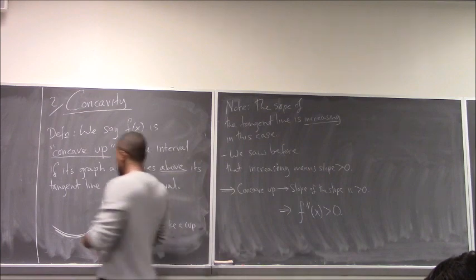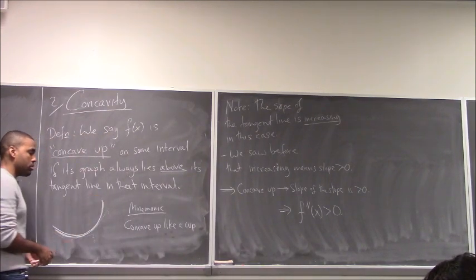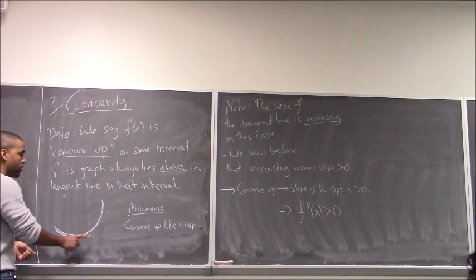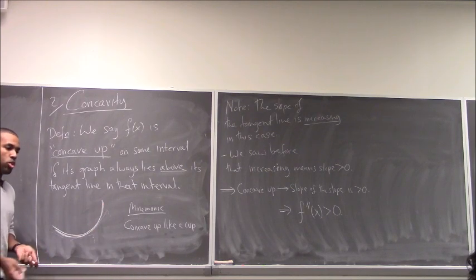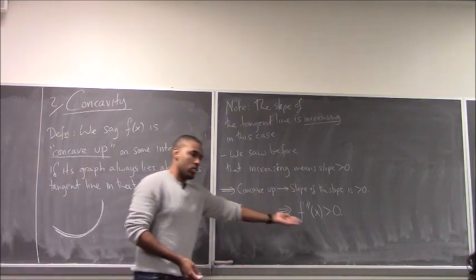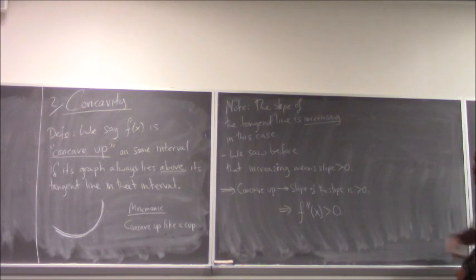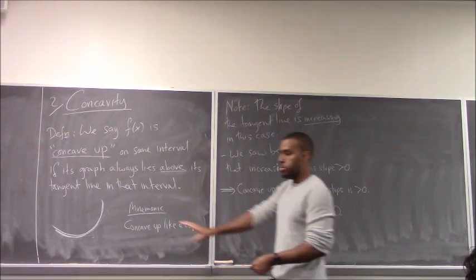Because now I'm not looking at the function itself, I'm looking at the slope of my tangent line as a function. I'm looking at the derivative. I notice that that function is increasing, which means its slope must be positive. But the slope of the slope is just a second derivative. It's a derivative of the derivative. And so whenever that's positive, we end up with this sort of behavior in our function.